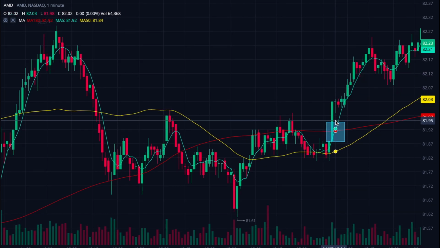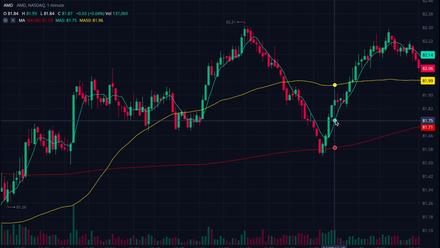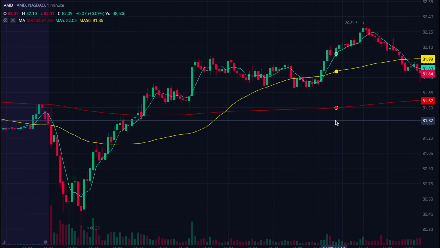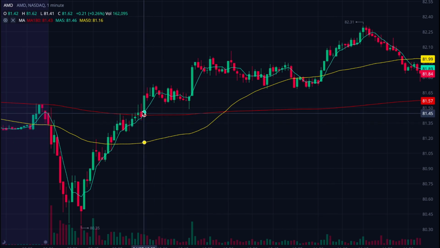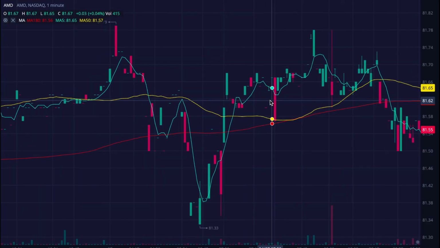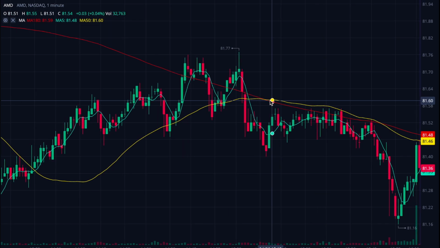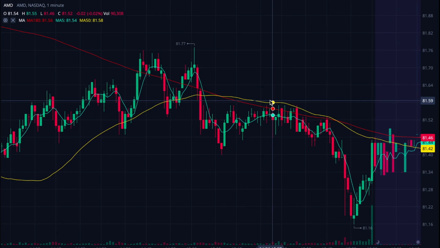I'm going to see if there's any place where this would have gone kind of astray. No, here it still would have yielded you a profit. Certainly there will be examples as we scroll back through the days, but I don't want to bore you. Okay, so here's an example. My green would have crossed over my red.